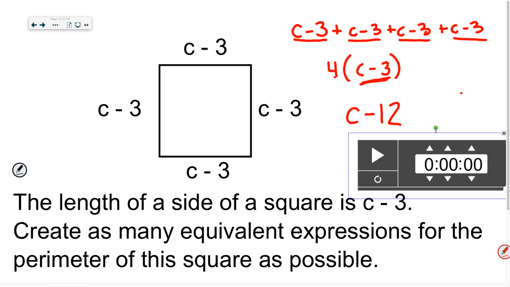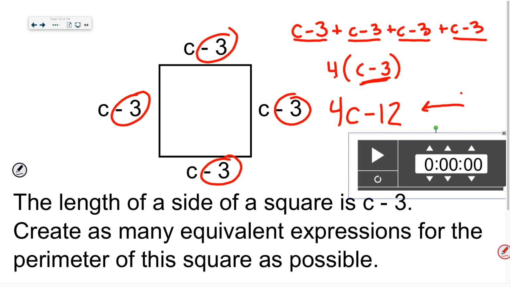For those of you that did this, and I saw a few of you did that, you're correct with the -12 because you have the -3 and -3 and -3 and -3. What did you miss? How many C's are there? There's 4. If you had C minus 12 and you didn't have the 4 and you actually tried to calculate, these are not equal. There's an error, because if I multiply 4 times C and 4 times -3, that would be a 4.